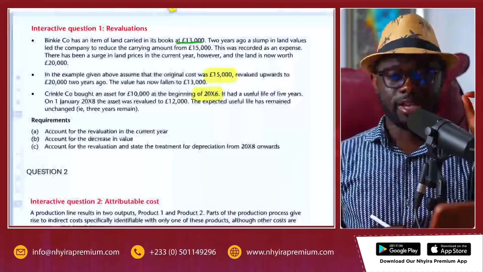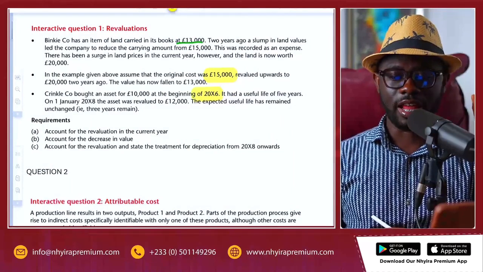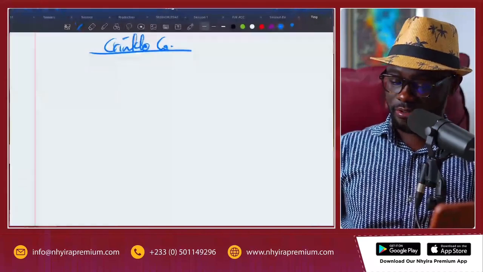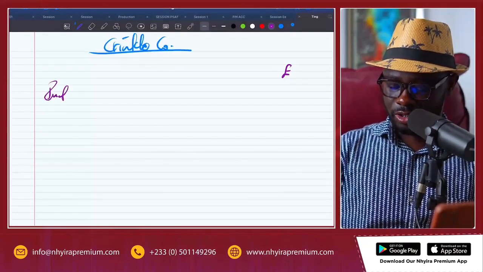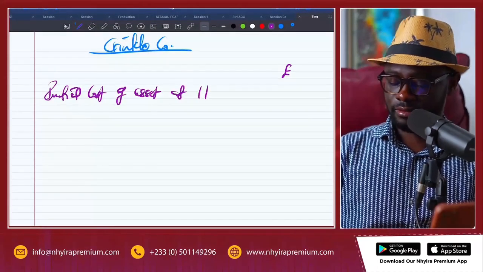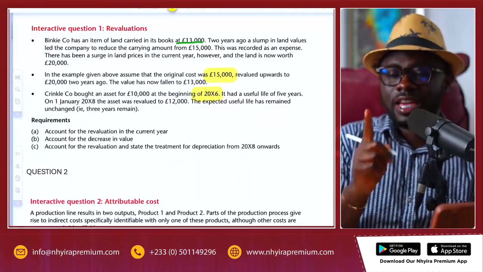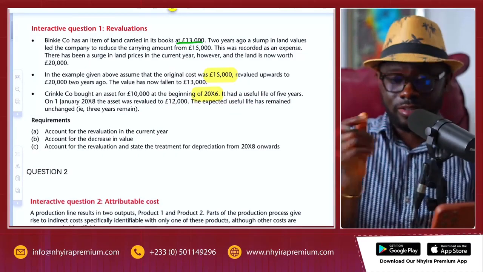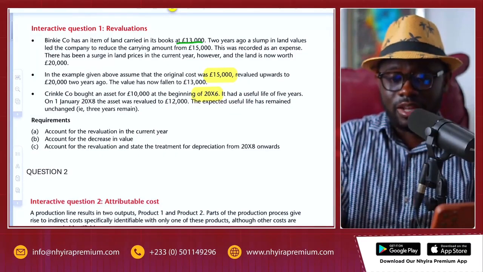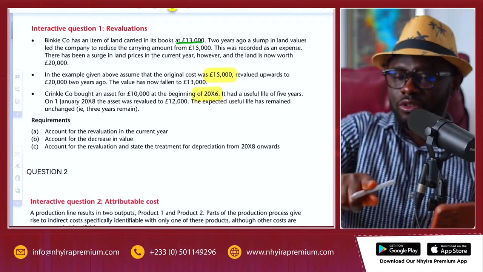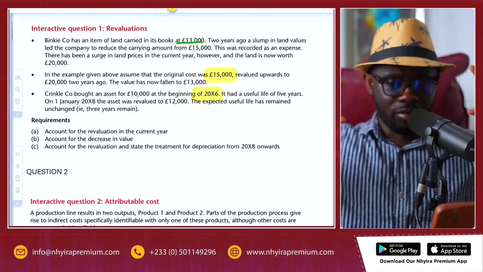Crinkle Co. bought an asset for £10,000 at the beginning of 20x6. So we bring in the initial cost of the asset at 1st January 20x6, £10,000. It had a useful life of 5 years, so it means we are going to be depreciating this one. On 1st January 20x8, the asset was revalued to £12,000. Stay with me.